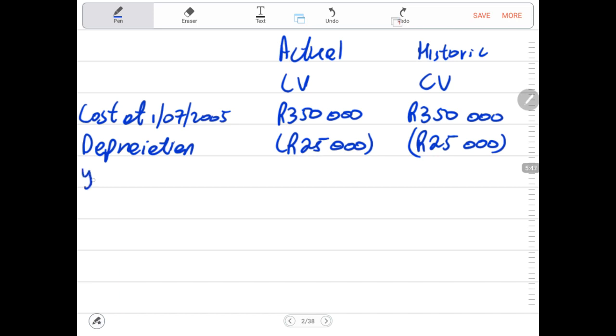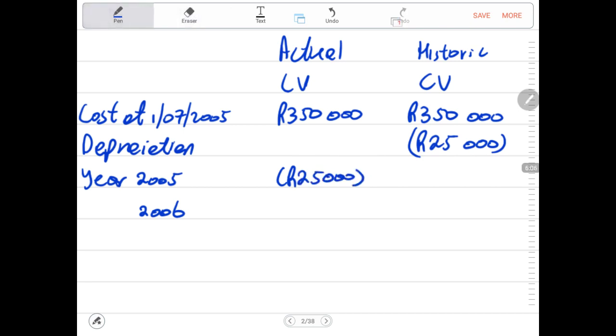I should have said here again, to be consistent with my recording, year 2005, then after we have year 2006. Depreciation for the year 2005 is 25,000. So I'm just transferring this here now. Then we have depreciation for the year 2005, still 25,000. I should not have written it there on top. 2006 depreciation obviously will be 50,000 rands.